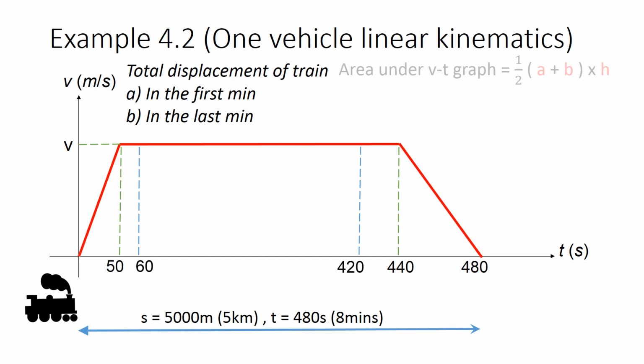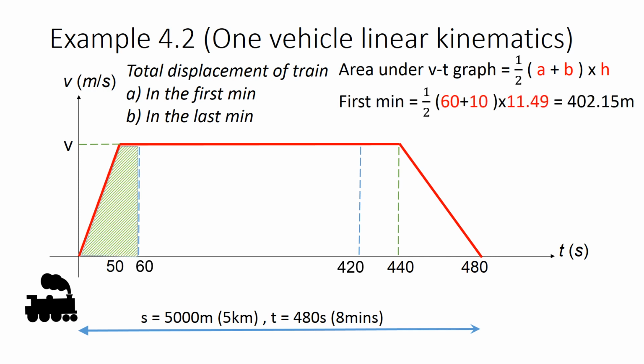The area under the graph refers to the displacement of the body in motion. For the first minute, as highlighted in the green area there, this is the area of a trapezium. By applying the area of the trapezium formula, we can find the distance traveled.